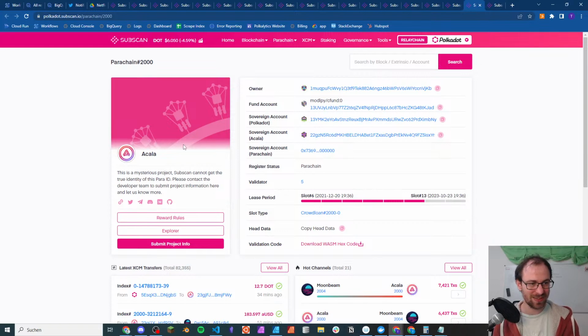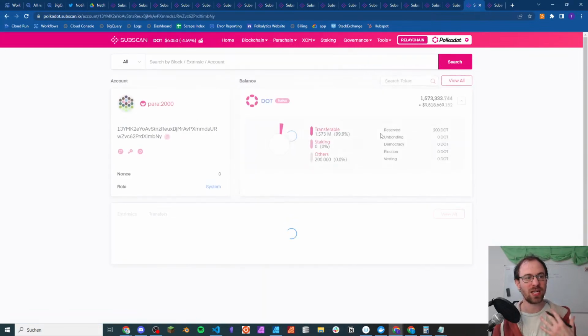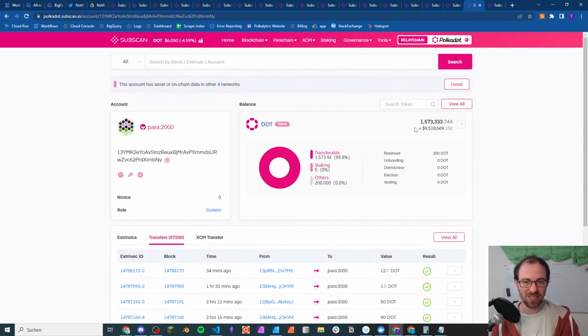The interesting thing is, we're looking at the sovereign account of Acala now. You can see a million DOT here, 1.5 million DOT, almost 1.6 million DOT. So these 1.6 million DOT, $10 million, is the amount of DOT that is sitting in the parachain.